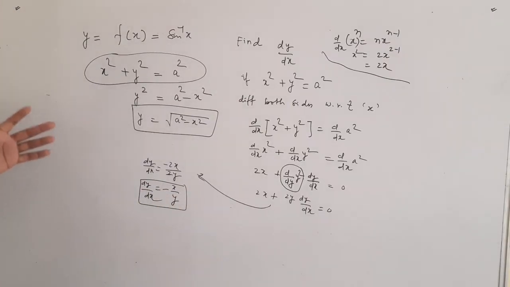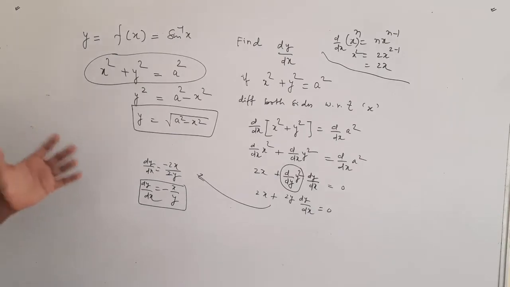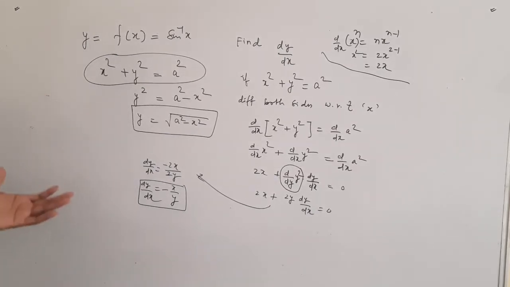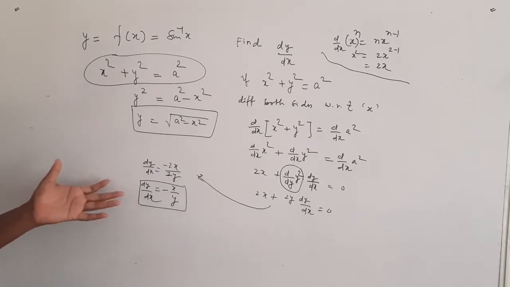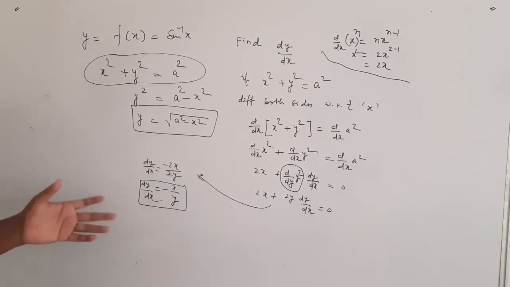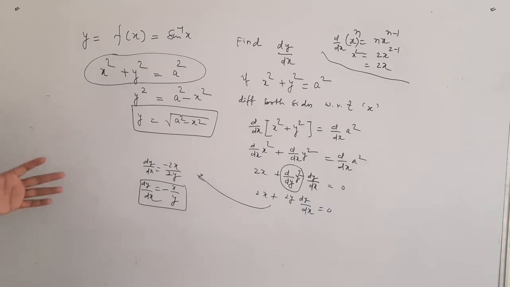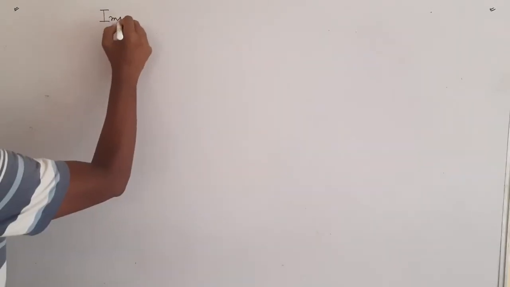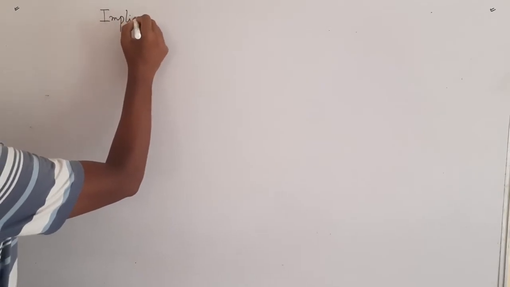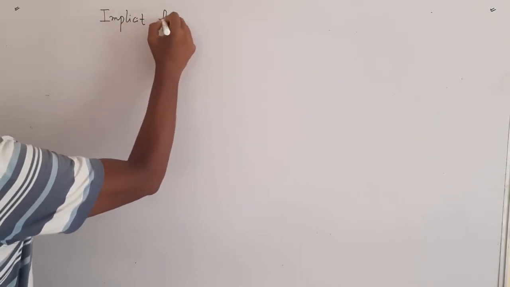I think I made myself clear, but I will take some more examples to prove this: how to find the differentiation of implicit functions, a little more.